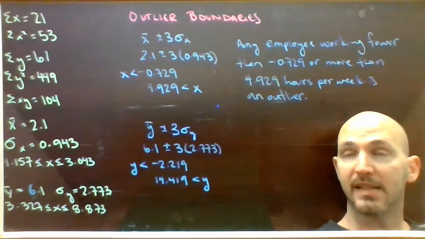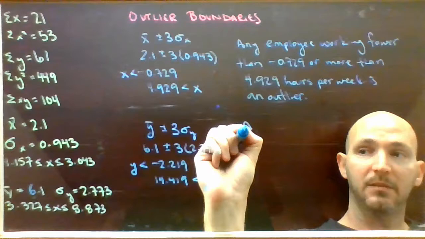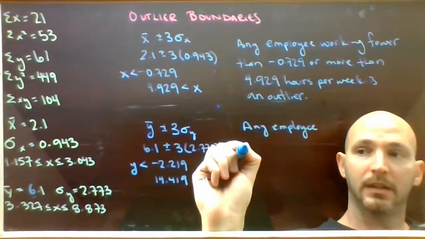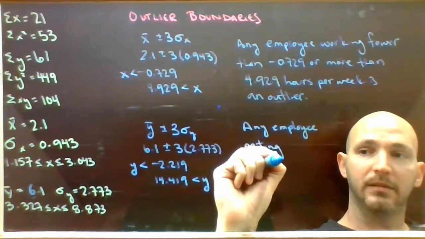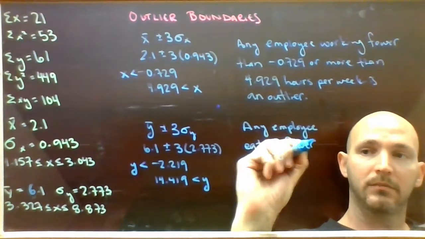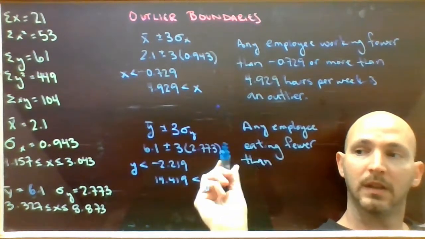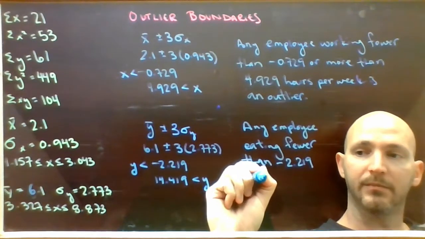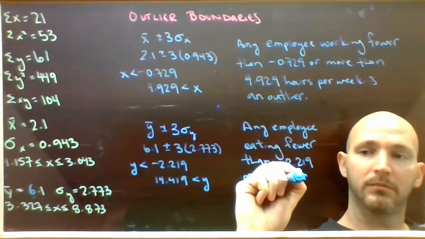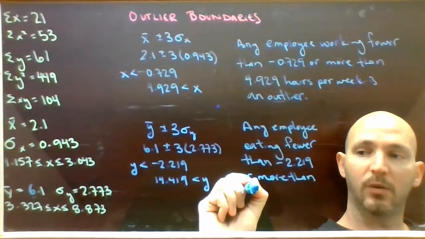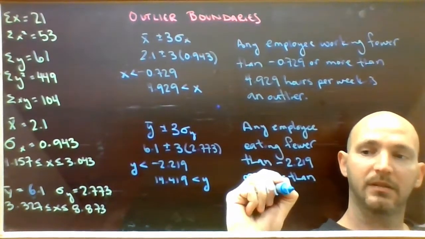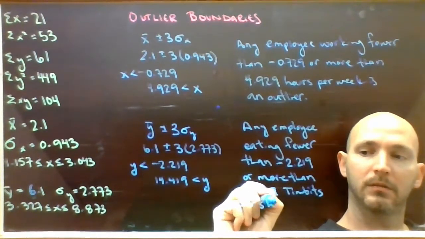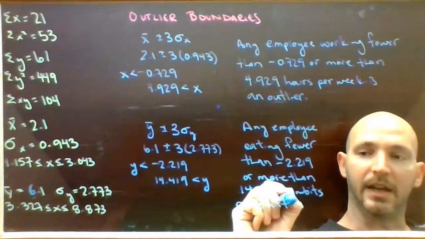So if I were to phrase that as a sentence, any employee eating fewer than negative 2.219 or more than 14.419 timbits per shift is an outlier.